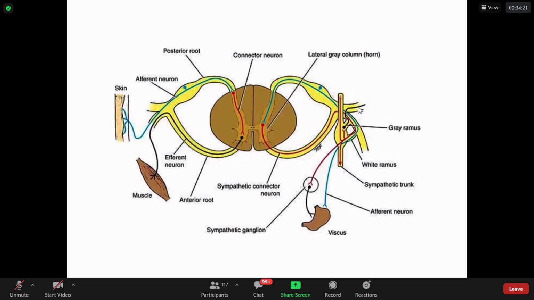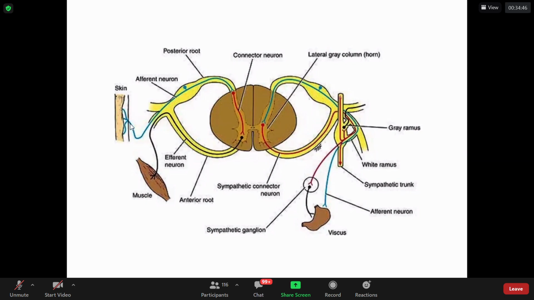This black one will never go to the skeletal muscle, as the somatic one does. Though the color coding is the same, I always prefer that these should have been colored in different colors. No, these are not the same sensory fiber.